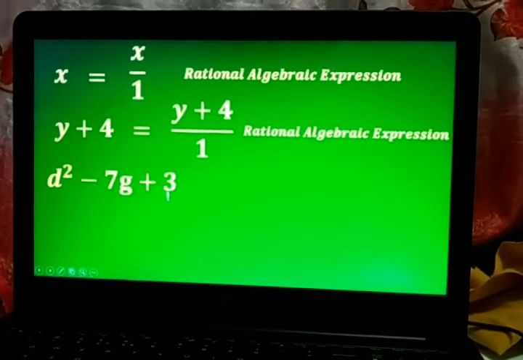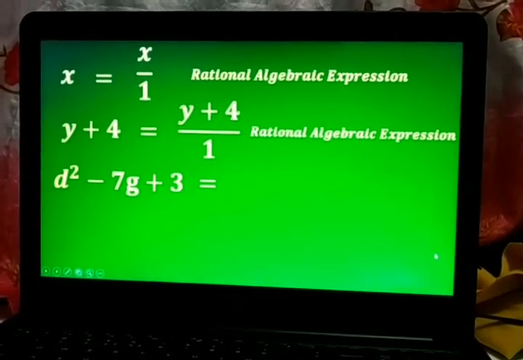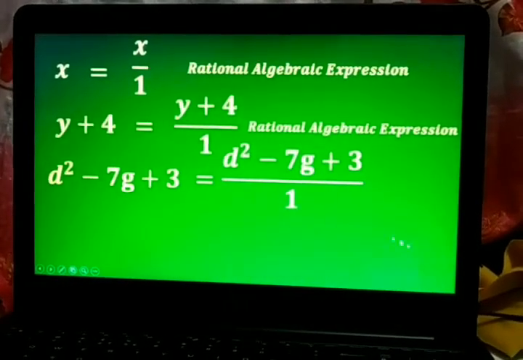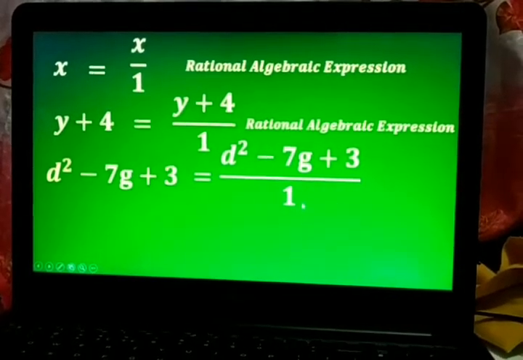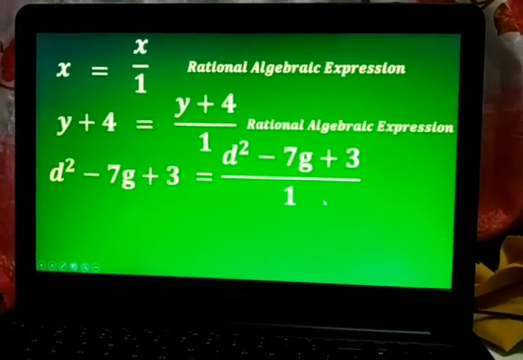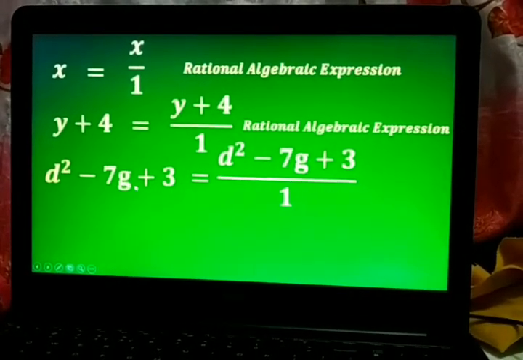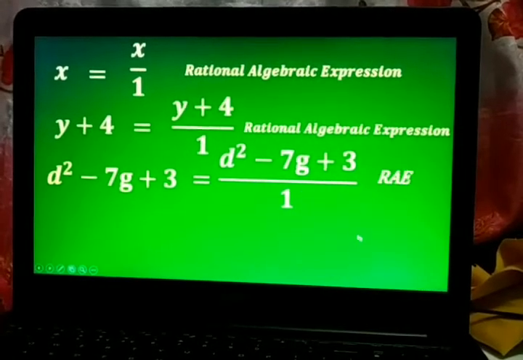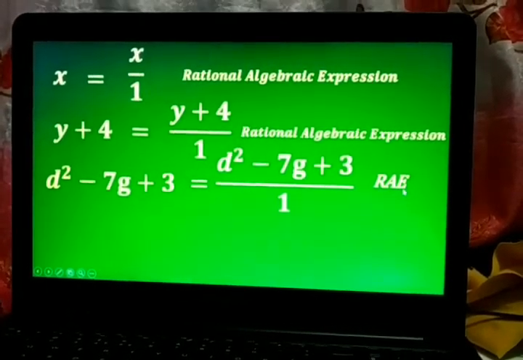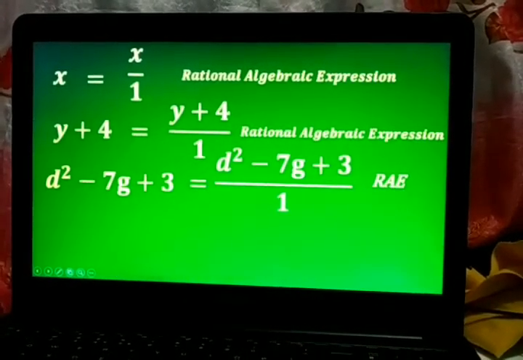This is a trinomial. Is this in a ratio form? Yes. It has an automatic denominator of 1. And this is not equal to 0. Focus on the denominator. Therefore, d squared minus 7g plus 3 is a rational algebraic expression. I wrote RAE, which stands for rational algebraic expression.